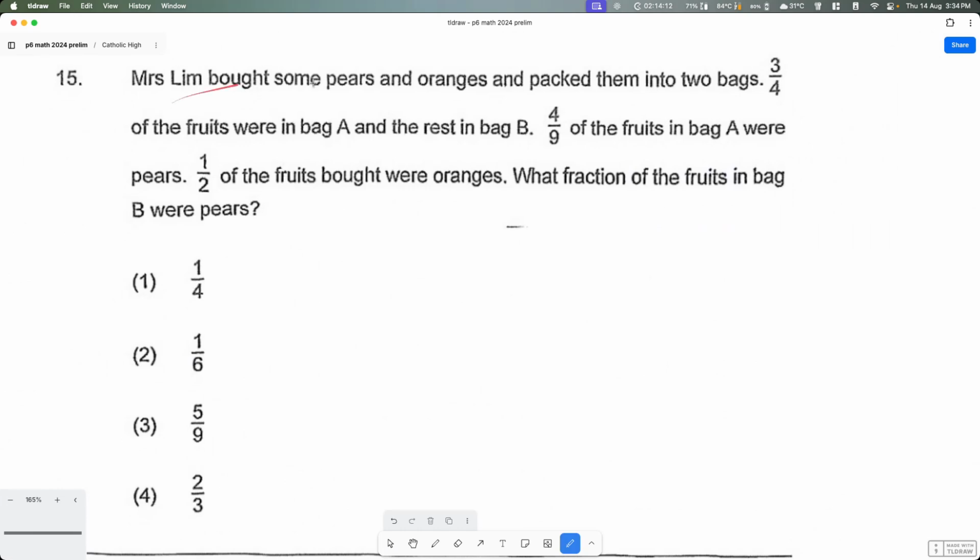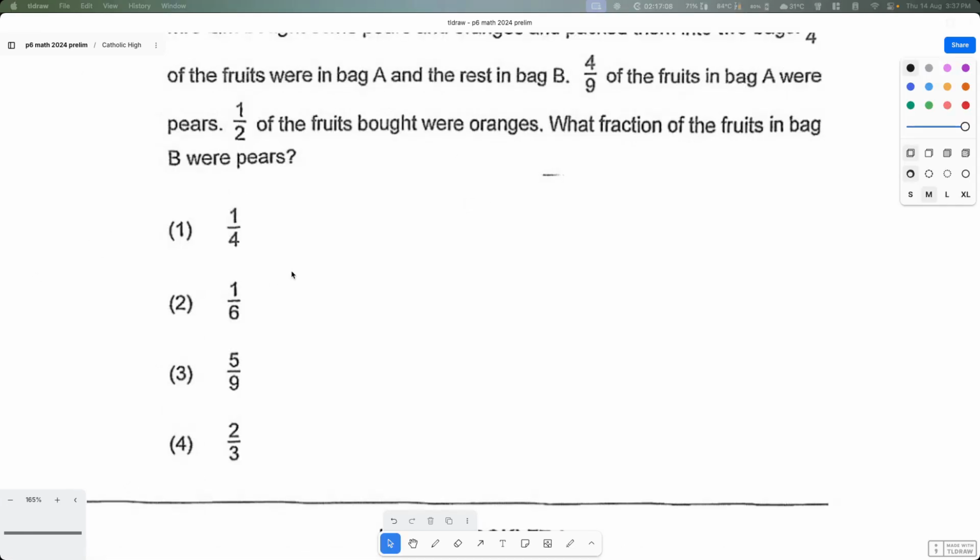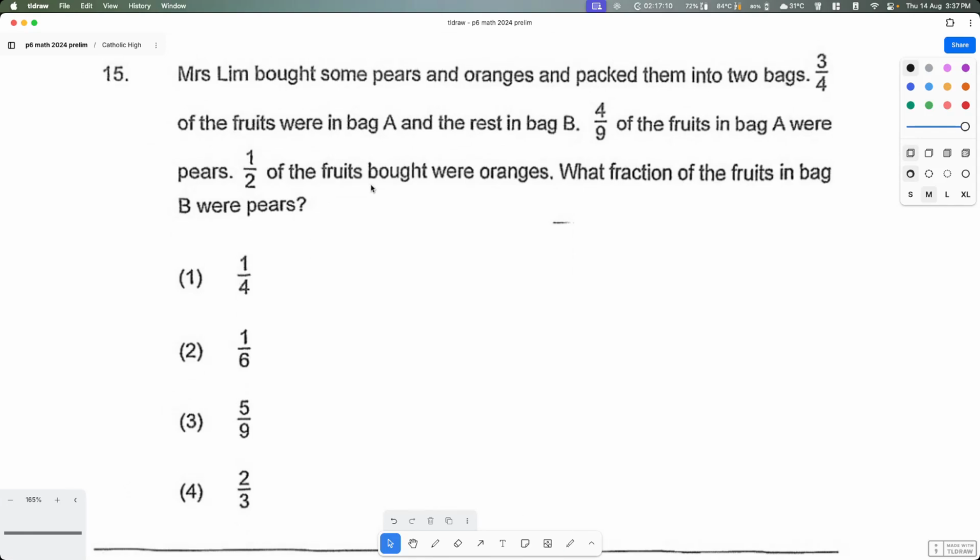Mrs. Lim bought some pears and oranges and packed them into 2 bags. 3/4 of the fruits were in bag A and the rest in bag B. 4/9 of the fruits in bag A were pears, and half of the fruits bought were oranges. What fraction of the fruits in bag B were pears? First, I always want to convert the fractions into units.